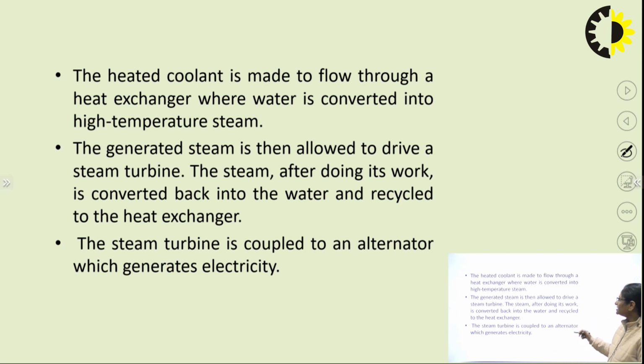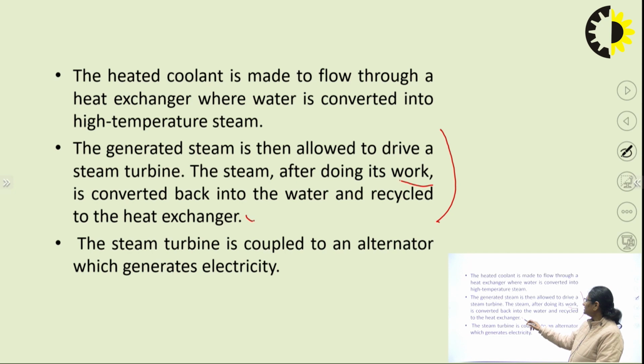The generated steam is then allowed to drive a steam turbine. The steam, after doing its work, is converted back into the water in the condenser and resent to the exchanger again. The steam turbine is coupled to an alternator which generates electricity. So, what are the various conversions of energy?